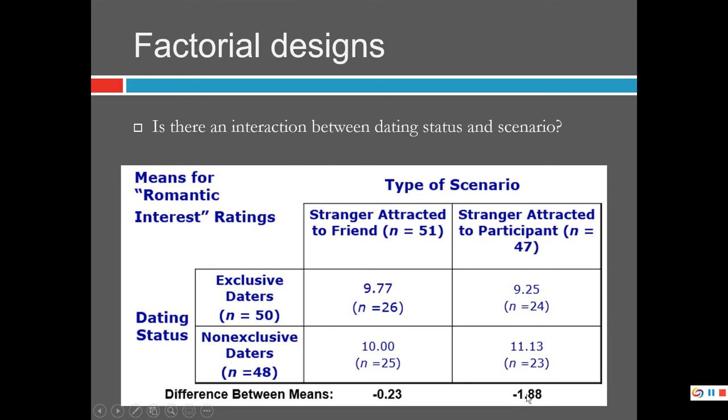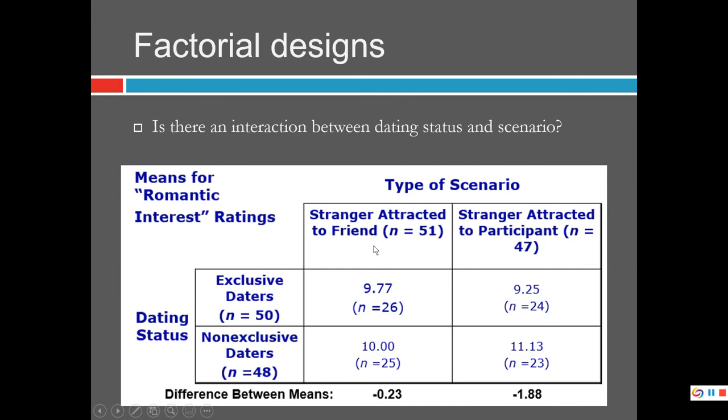The effect of dating status seems to be really big if the stranger is attracted to the participant. But the effect of dating status doesn't really seem to matter here; there's not much of a difference when the stranger is attracted to a friend. So even though the main effect of the type of scenario was negligible across both of these conditions, the type of scenario does seem to change the effect of dating status.